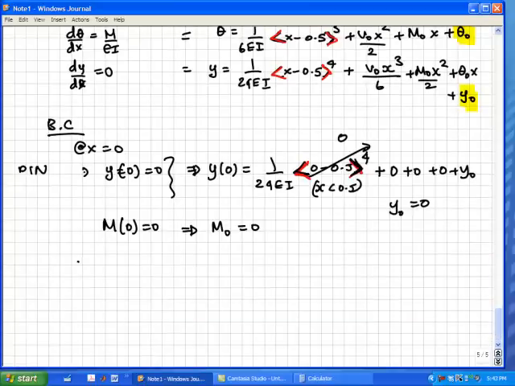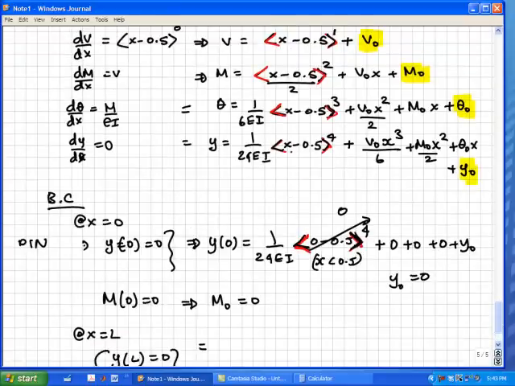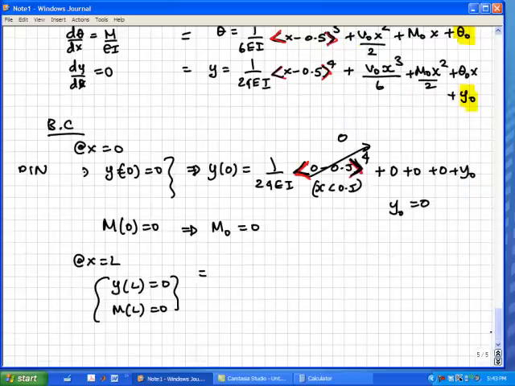Boundary conditions at x equal to L: y of L equal to 0 and M of L equal to 0. How do I compute y of L? Put x equal to 1 because L is 1.